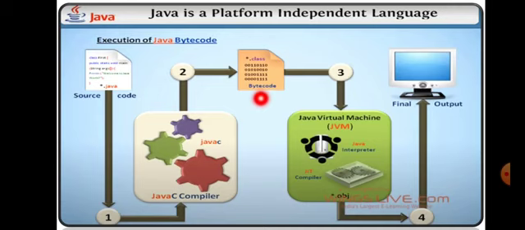Now after this transformation, this .class file contains the source code in the form of bytecode. Now this source code is compiled as a .class file, which is in the form of machine language, called the bytecode. The next step: bytecode is a machine language of the Java virtual machine. Now this is the Java virtual machine.